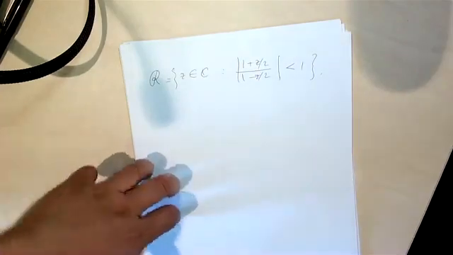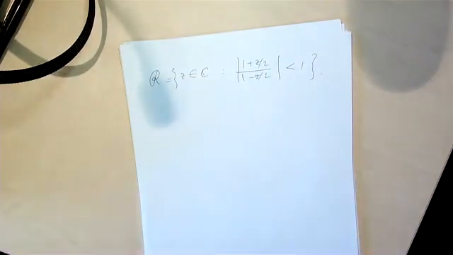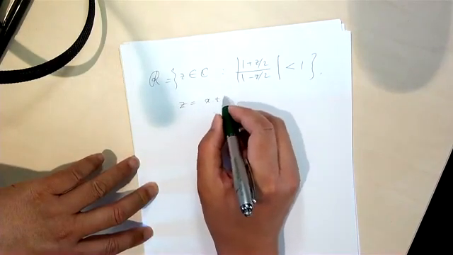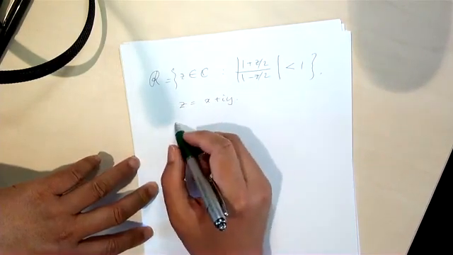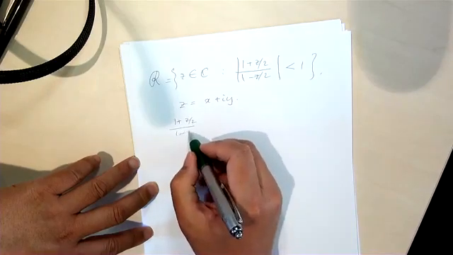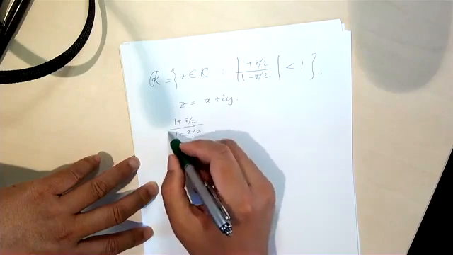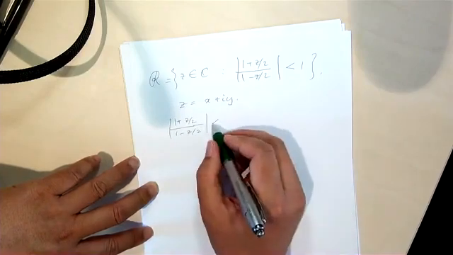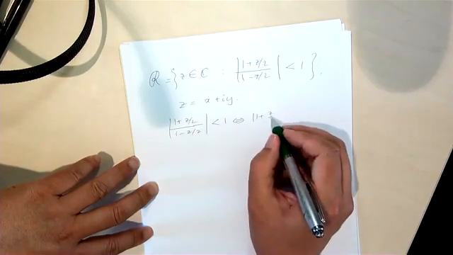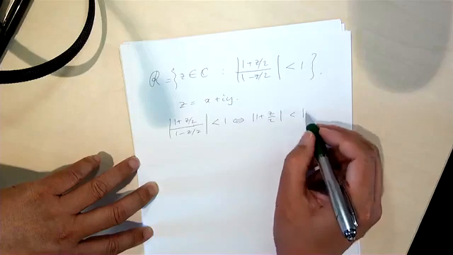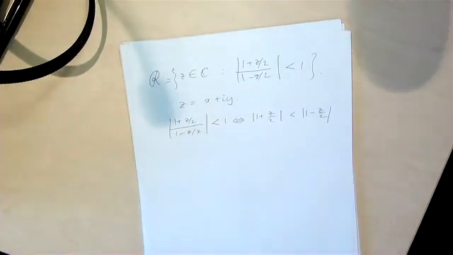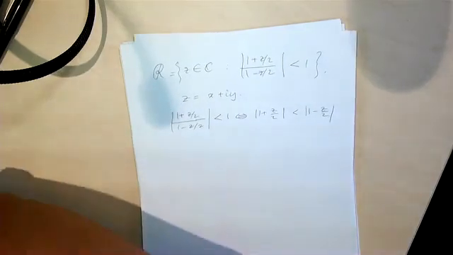Okay? Now remember, we can write z equal x plus iy again. Then (1 plus z over 2) over (1 minus z over 2) less than 1 will be equivalent to the absolute value of 1 plus z over 2 less than the absolute value of 1 minus z over 2, right? We just multiply because everything is positive, right?